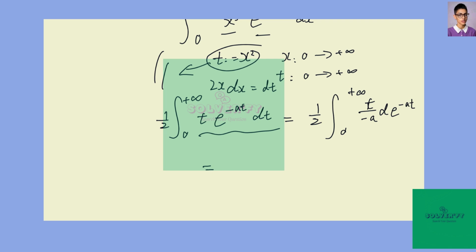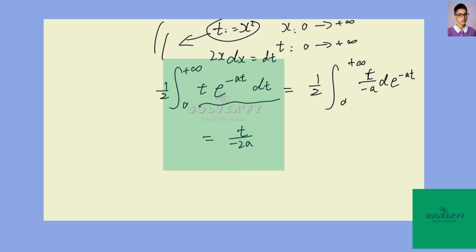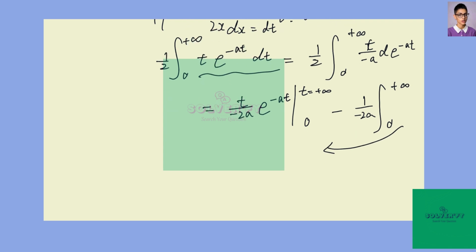And by integration by parts, it will be equal to minus t divided by 2a, e to the power minus at, evaluated at positive infinity and 0, minus this one, the integral goes from 0 to infinity, and the function here will be dt times e to the power minus at.